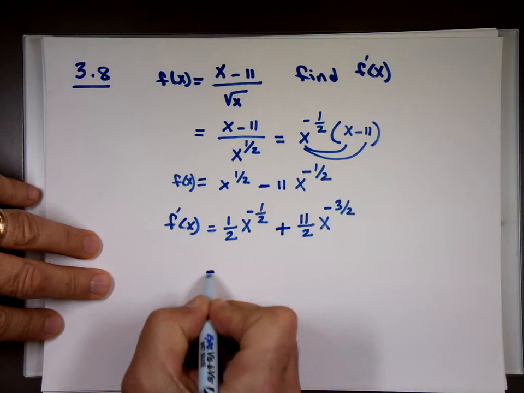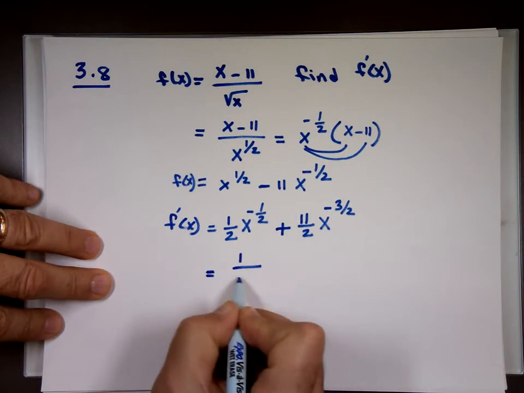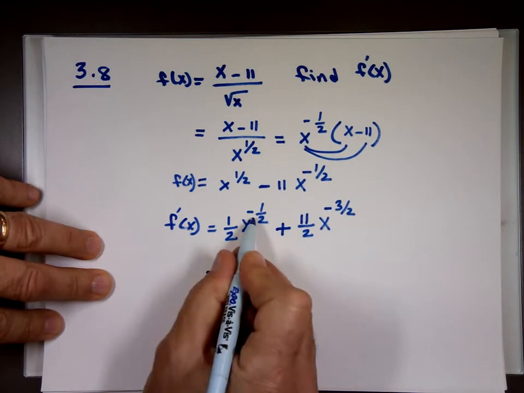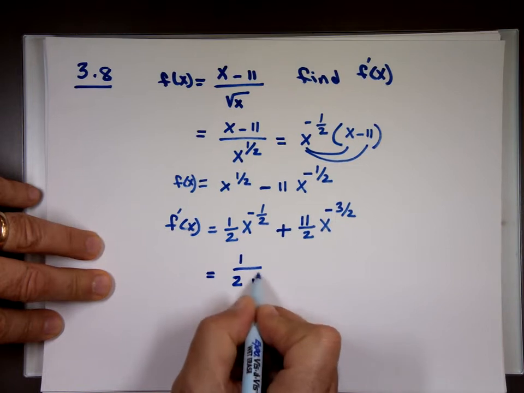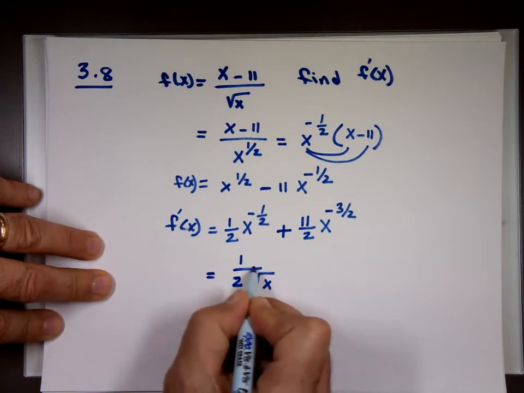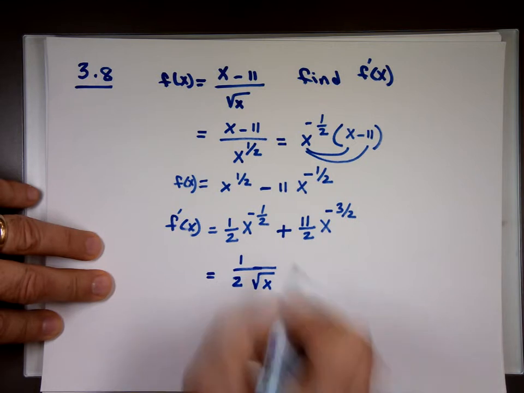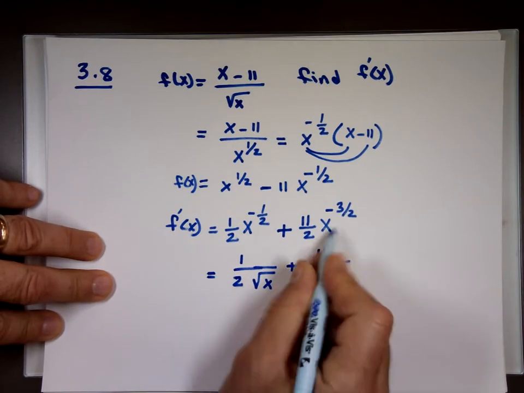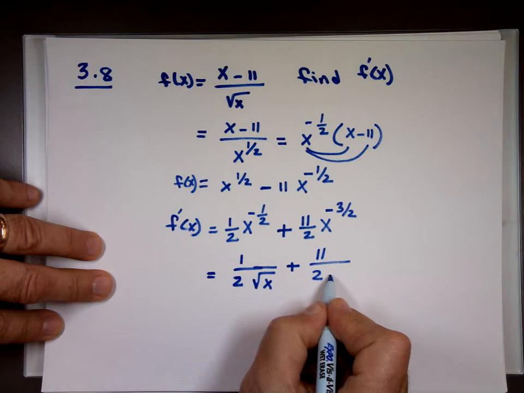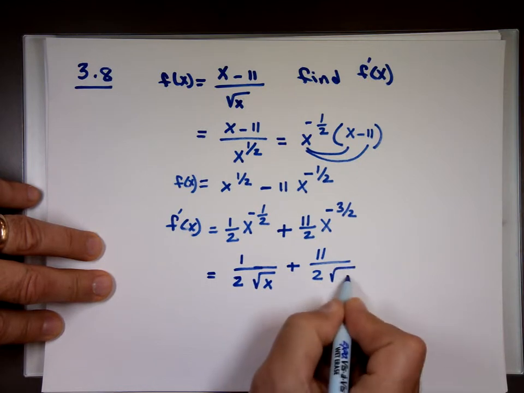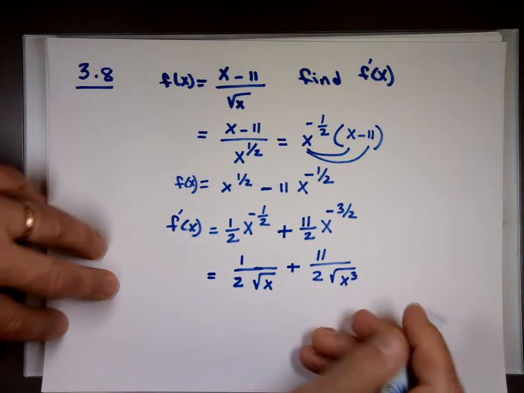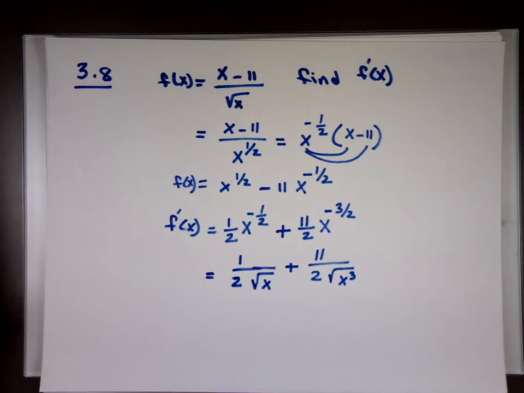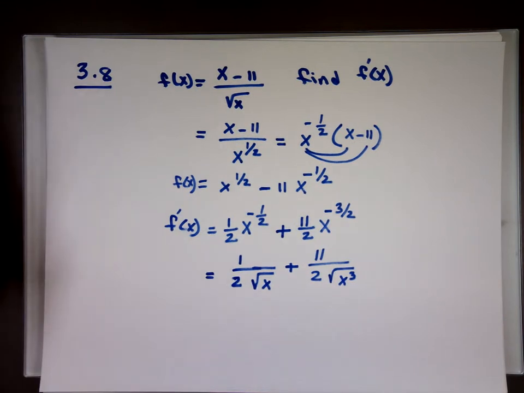So what this one says, 1 over 2, x to the minus 1/2, that's x to the 1/2 on the bottom, which is the square root of x. 11 over 2, x to the negative 3/2, that's the square root of what? x to the third. I can simplify that a little bit more even.